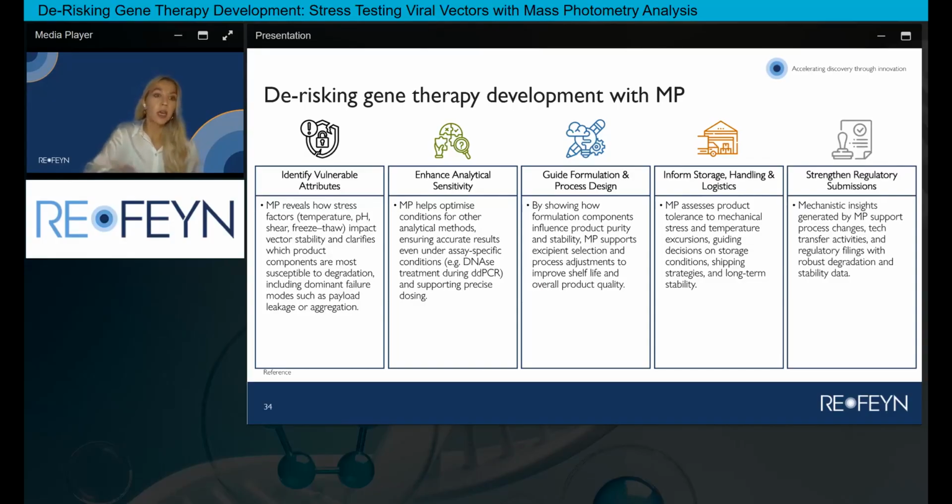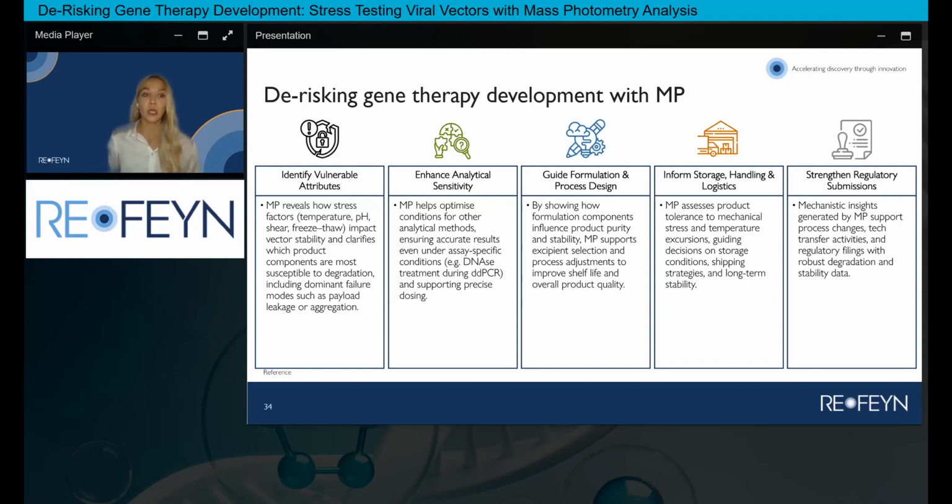And finally, mass photometry delivers data-driven confidence, and that will support regulatory submissions and tech transfer, supporting decisions with mechanistic clarity and robust stability data.